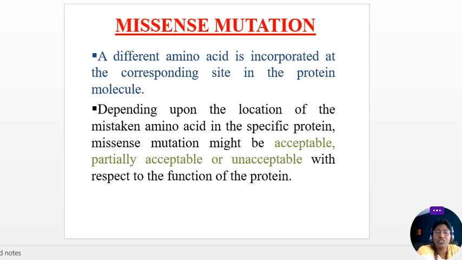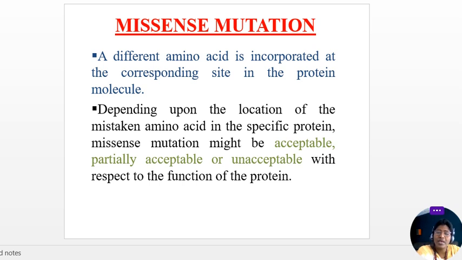Another mutation is the missense mutation. In a missense mutation, we get a different amino acid, because when a particular codon in the messenger RNA undergoes mutation, one base is replaced by another base, which produces another amino acid.